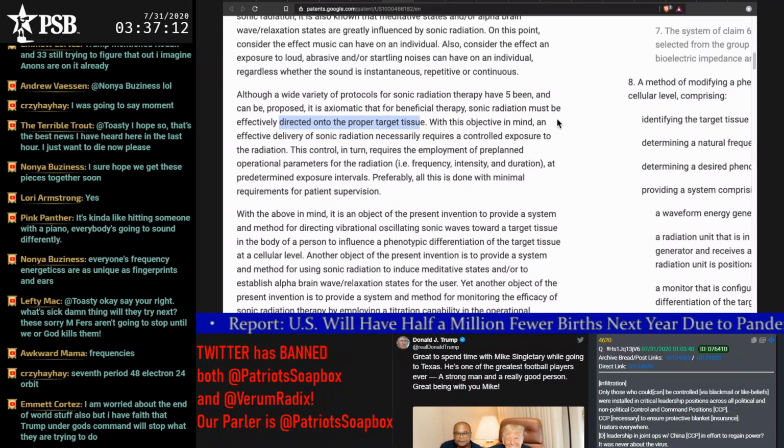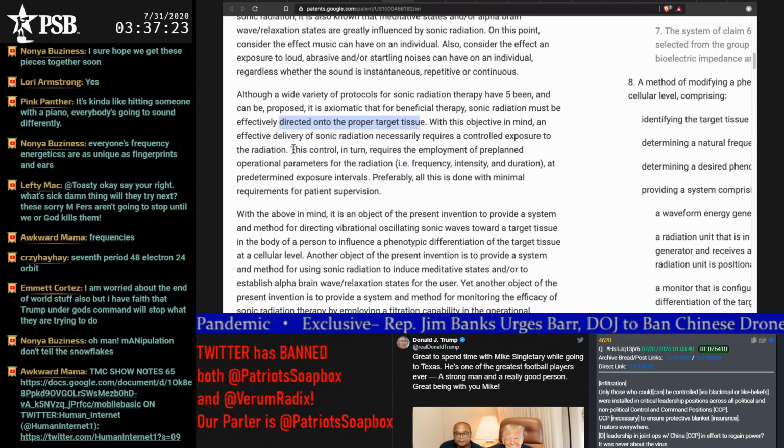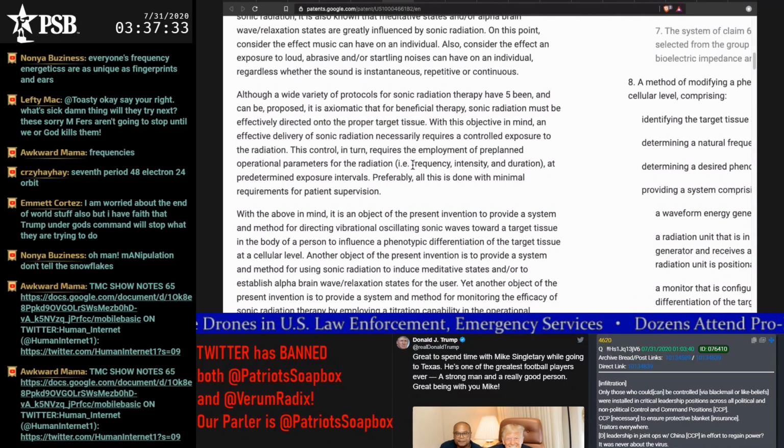With this objective in mind, an effective delivery of sound waves necessarily requires a controlled exposure to the radiation, sound wave radiation, right? This control in turn requires the employment of pre-planned operational parameters: frequency, intensity, and duration. Frequency, pretty cut and dry. Intensity, that's the power field. And duration, how long are we applying the radiation for?